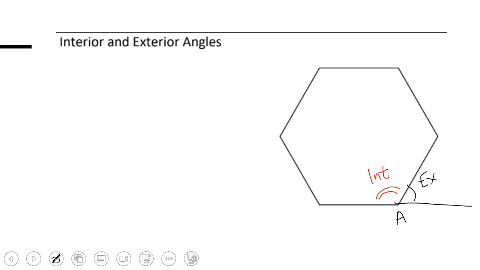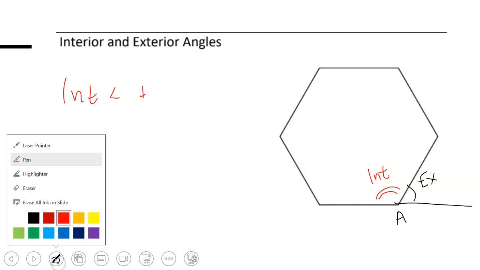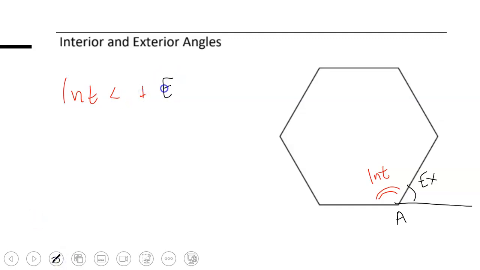At any vertex, the interior angle plus the exterior angle would sum to 180 because they form a linear pair.